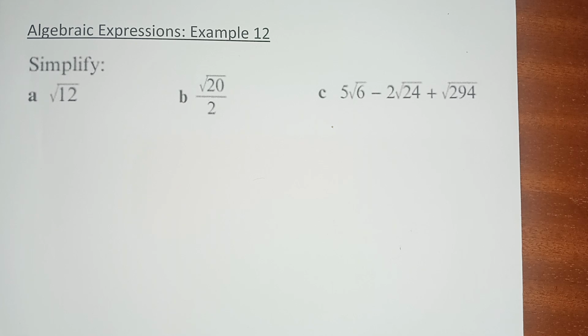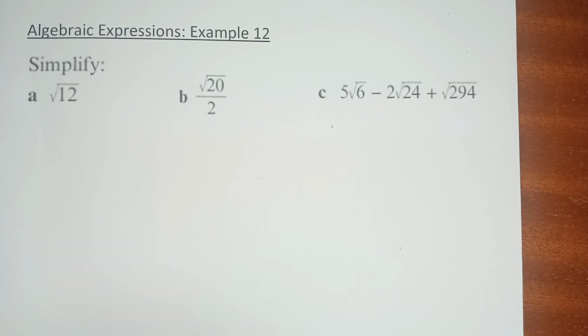I want us to apply a bit of the skills that we learned in the slides about surds and simplification of surds. We are told to simplify, and the first one is root 12.